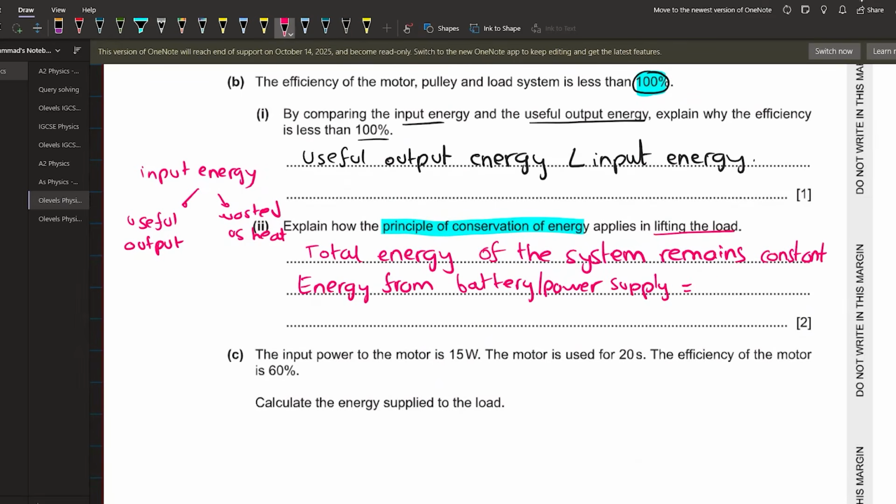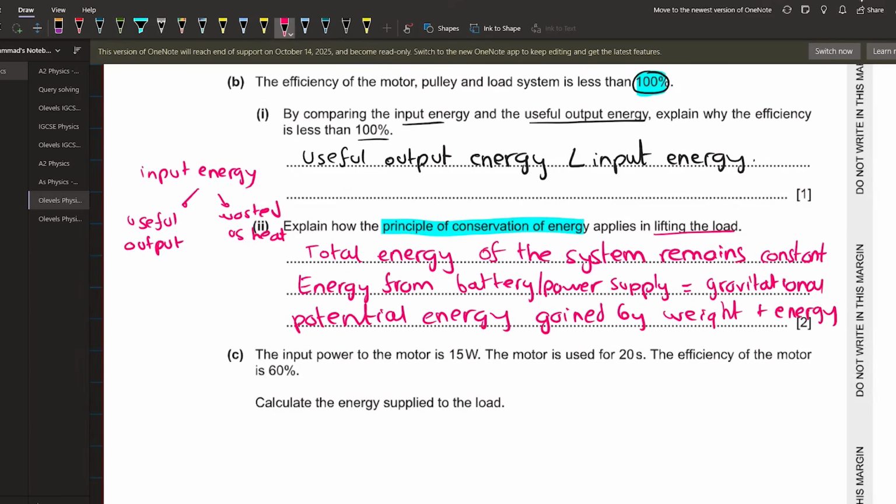So: energy from battery slash power supply is equal to gravitational potential energy gained by weight, plus energy wasted as heat.